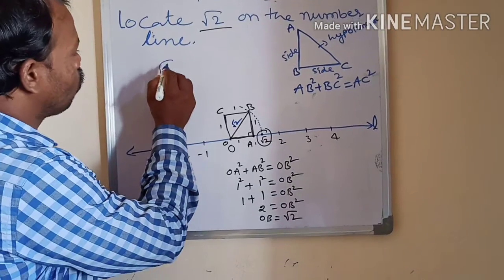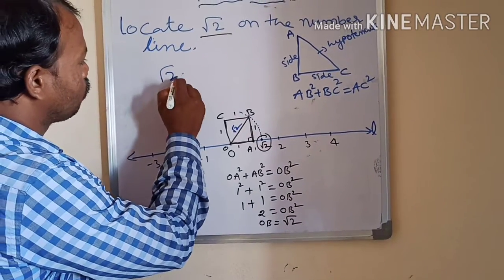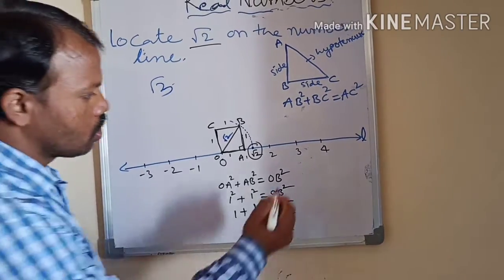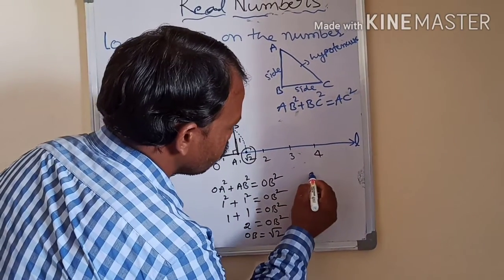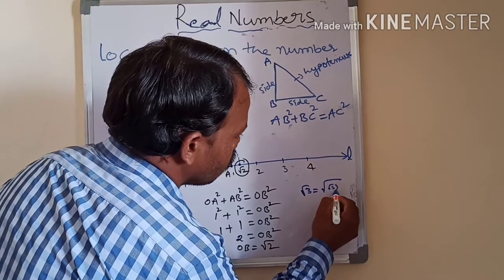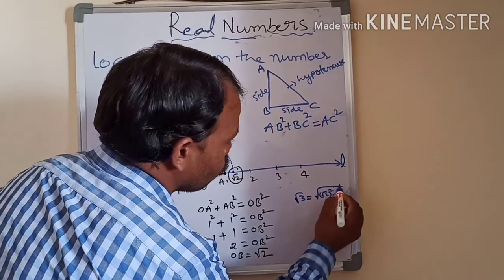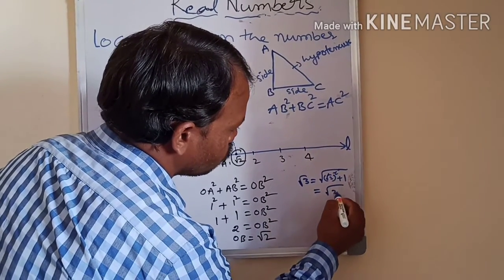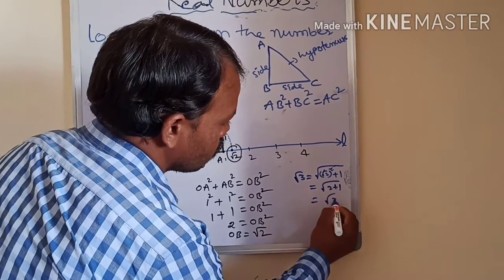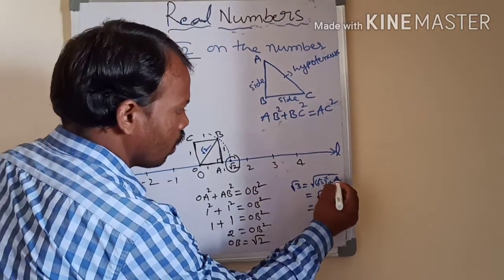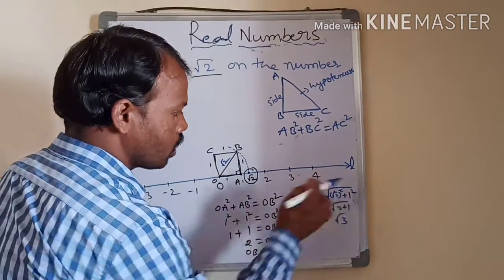Then if you want to locate root 3, how? Root 3 can be written as the root of root 2 whole square plus 1. The root and square will cancel, then 2 plus 1, that is root 3. This is A square plus B square.